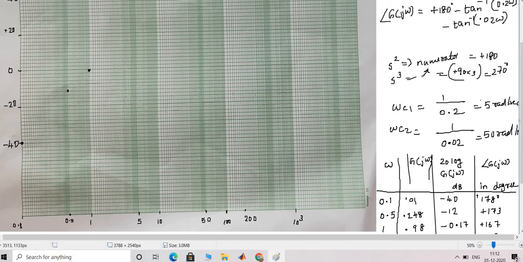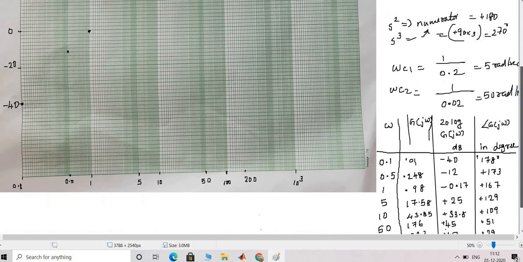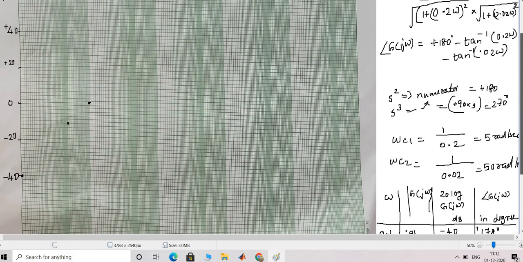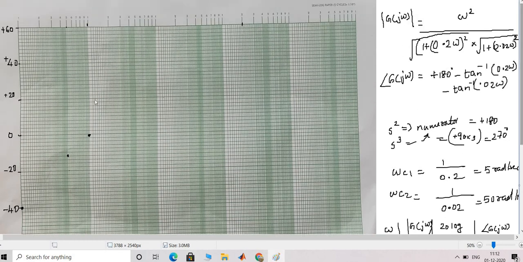Now corresponding to 5, the value is plus 25. Corresponding to 10, it is 32.